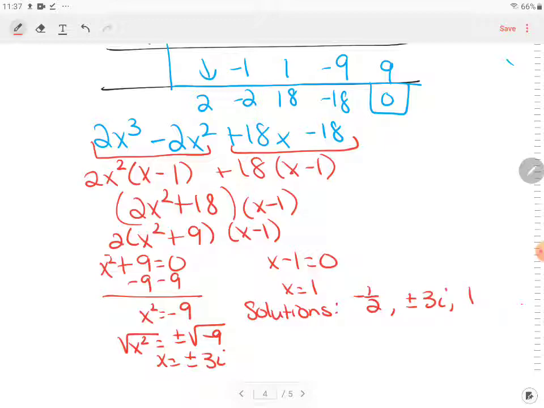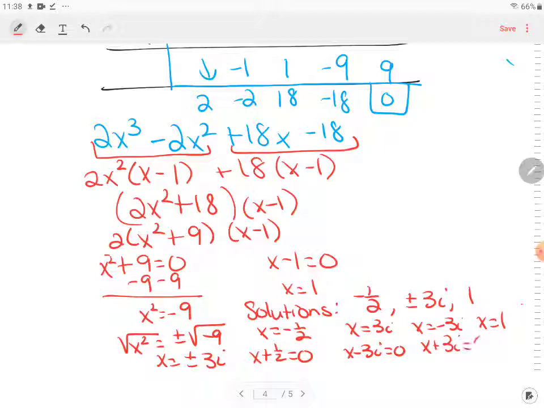So we have x equals negative 1/2, x equals 3i, x equals negative 3i, and x equals 1. So to get our factors, if we move this over, we have x plus 1/2 equals 0, x minus 3i equals 0, x plus 3i equals 0, and x minus 1 equals 0.